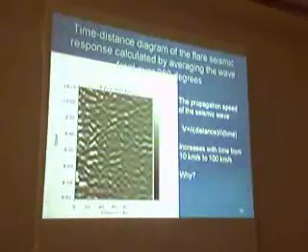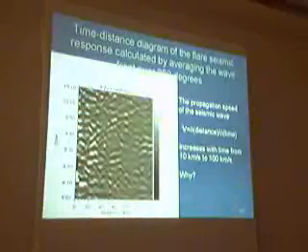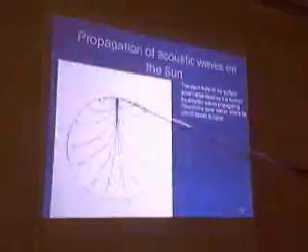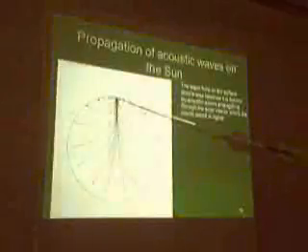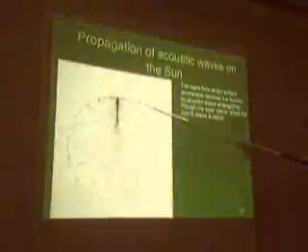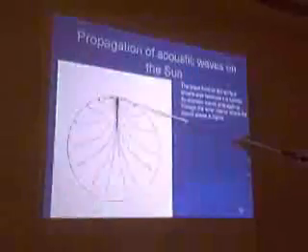So what's the reason for this? The reason is that these waves don't actually propagate on the surface. Even though we see a ripple propagating on the surface, the waves propagate inside the Sun. When you have an impulsive source, acoustic waves propagate everywhere.